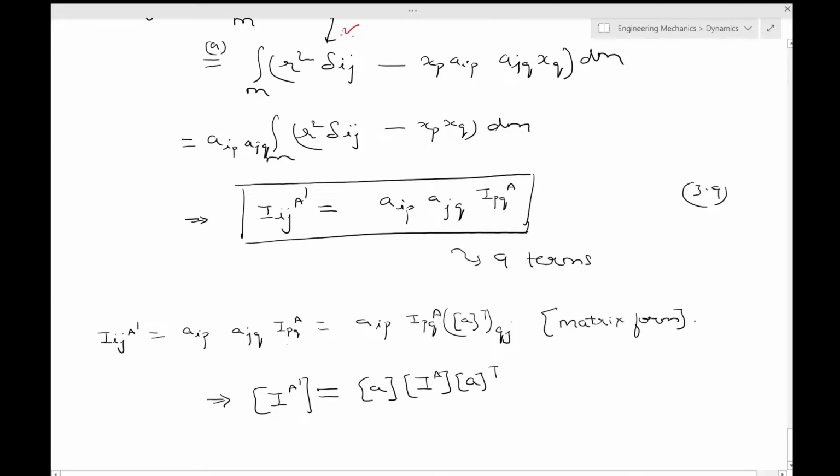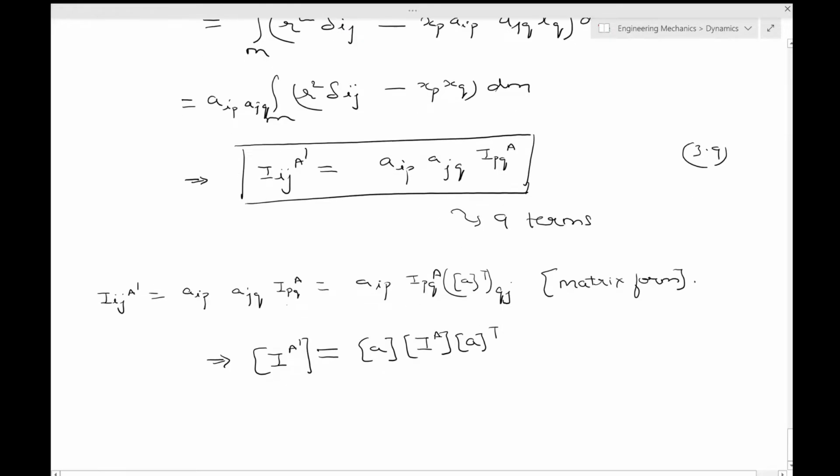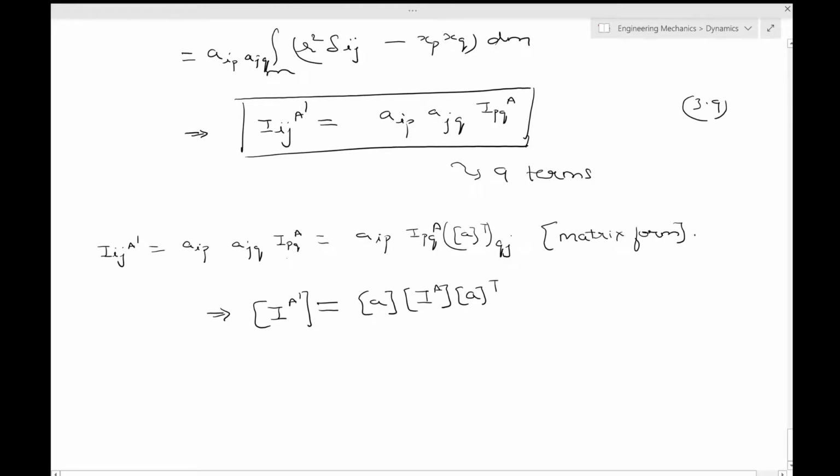Okay. So any quantity, for example in the EI coordinate system, should be denoted by this. Anything in the EI dash system should be denoted like this. Okay.